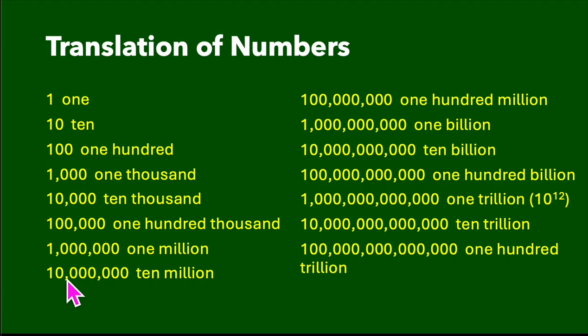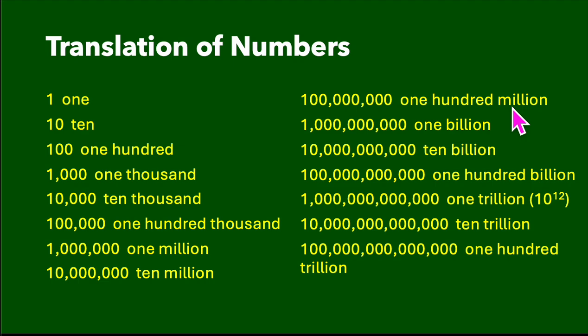So after 1 million comes 10 million and 100 million and 1 billion, 10 billion, 100 billion, etc. After billions come trillions. In this case, we have 3, 6, 9, 12 zeros. Okay, 1 trillion.